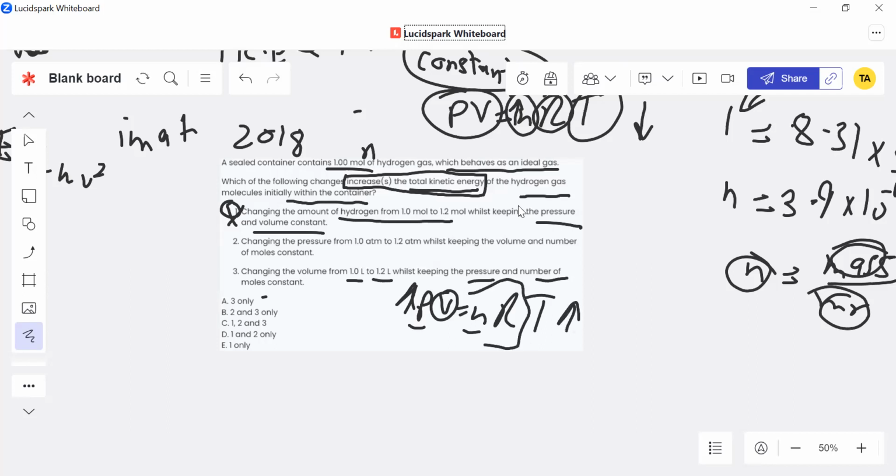But since these two are constants, my temperature would therefore increase because my left side is increasing. So therefore, temperature is increasing, kinetic energy would also increase. Therefore, 3 and 2 have increasing kinetic energies. So 2 and 3 is right, therefore B is the right answer.